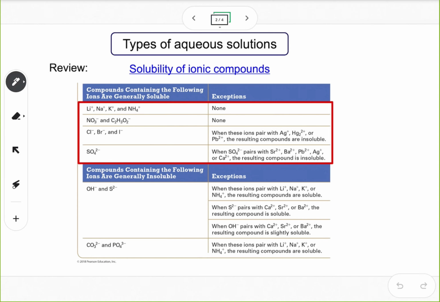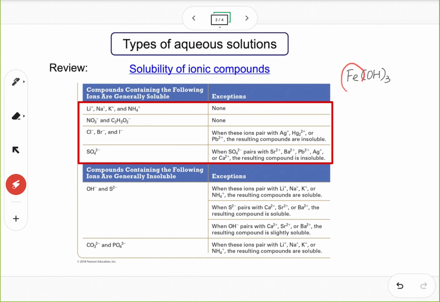Okay, let's just do a quick practice, like iron hydroxide. If you take a look at the formula, the cation is iron, the anion is hydroxide.